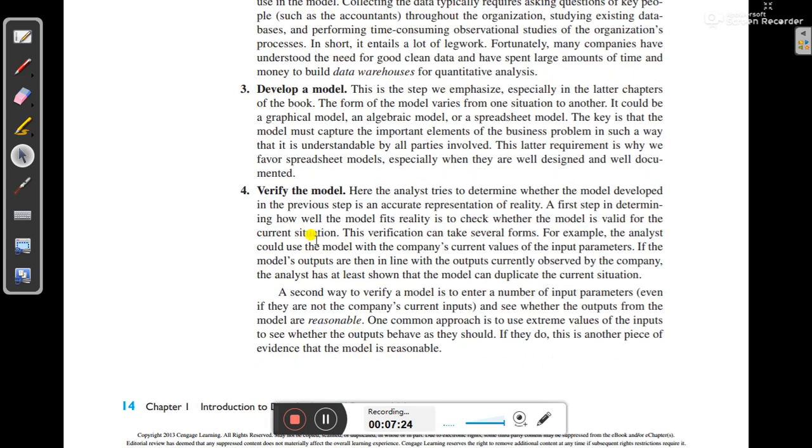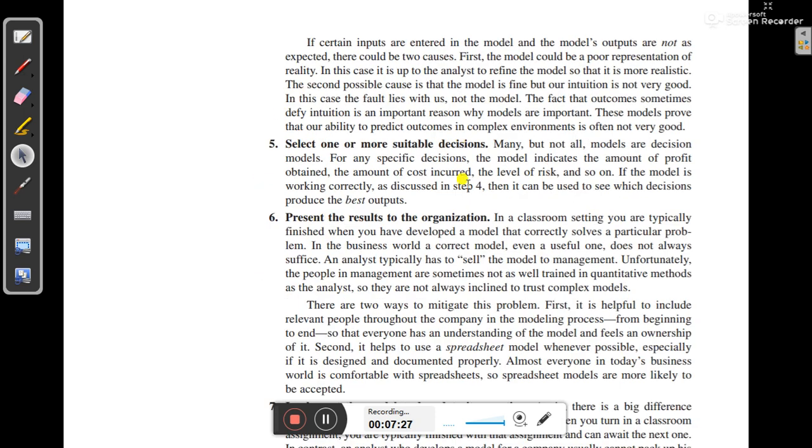After verifying the model, we need to select one or more suitable decisions. Many but not all models are decision models. In the previous example also, we need to find what the cause is, and the cause is inefficient crews. Now we need to decide something about that cause.